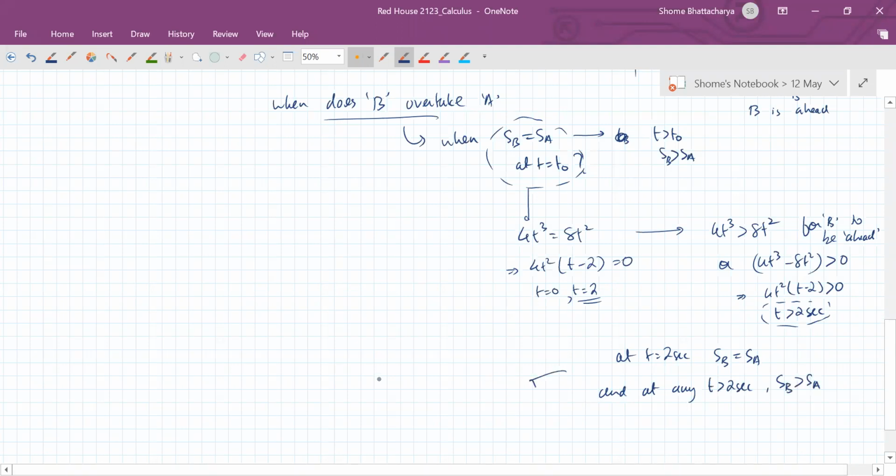Whereas at any time less than 2 seconds, A's displacement is greater than B's displacement. So that is telling us that B overtakes precisely at t equal to 2 seconds.